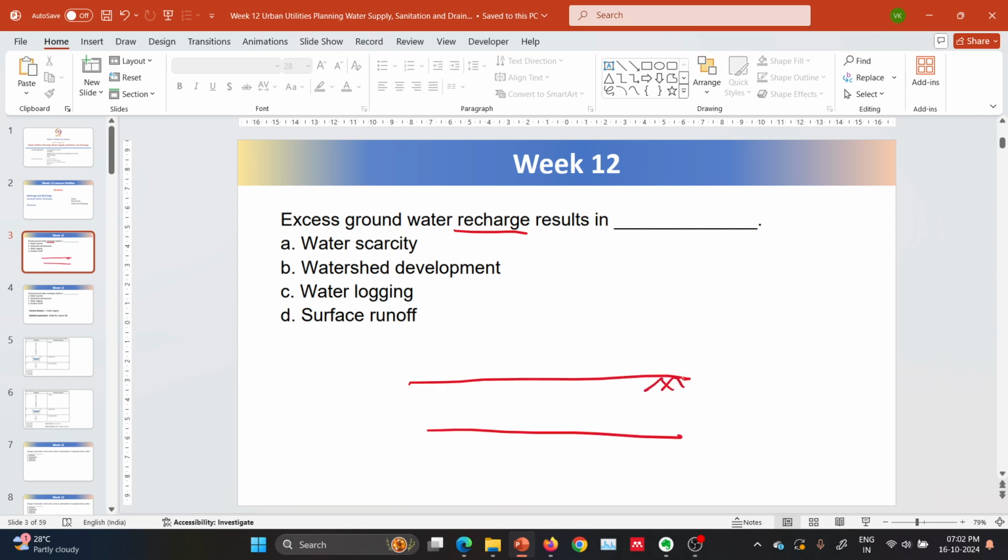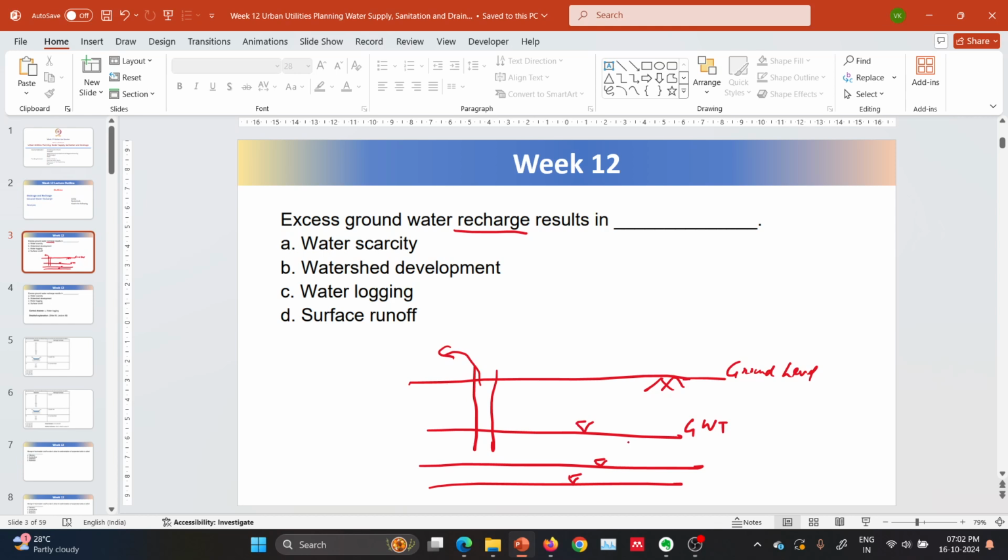So this is the ground level, and this is the groundwater table. If you have made a well, you will continuously take out the water, and if it is an industrial requirement, then we will take out more water, and in that case the groundwater level will deplete.